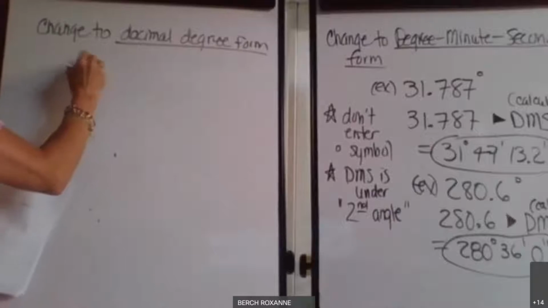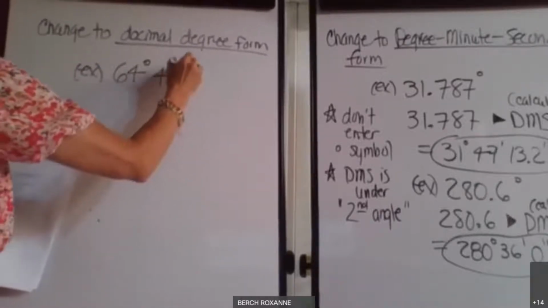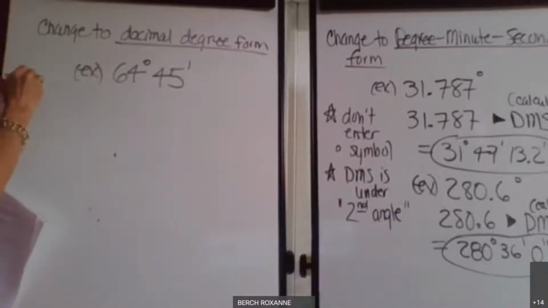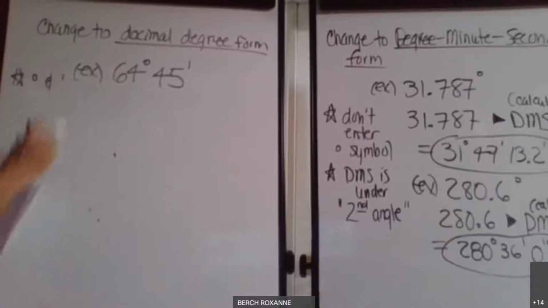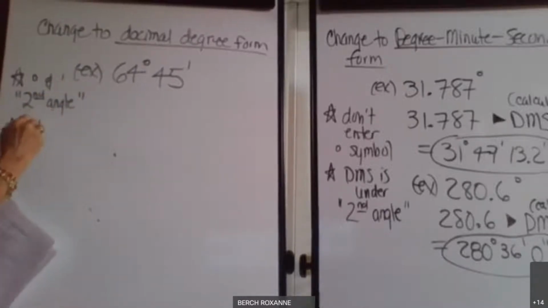So it's a little bit different. So now you're going to have to put these symbols in. So for degrees and minutes, you're going to go to second angle. For seconds, you're going to have to go to alpha plus.